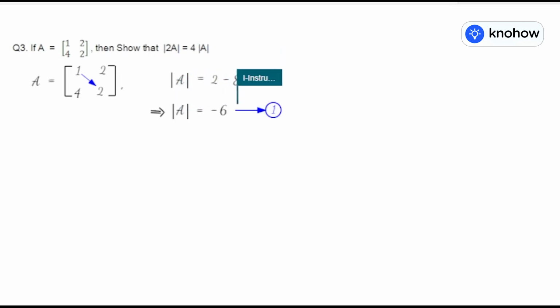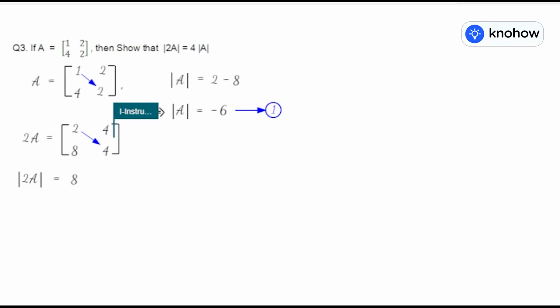And now work out the value of 2 times matrix A. You know, multiplication of a matrix by a scalar, each element is to be multiplied by 2. So you get 2 into 1, 2, 2 into 2, 4, 4 into 2, 8, and 2 into 2, 4. So what is the value of the determinant of 2 times matrix A now? Multiply the elements on the main diagonal, 2 into 4 is 8, minus 8 into 4 is 32.